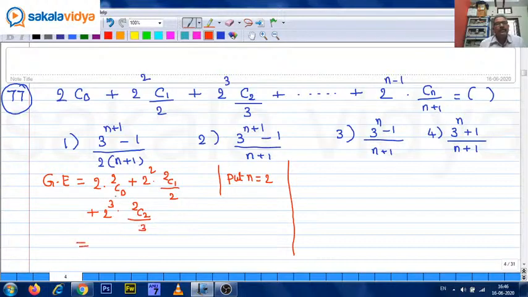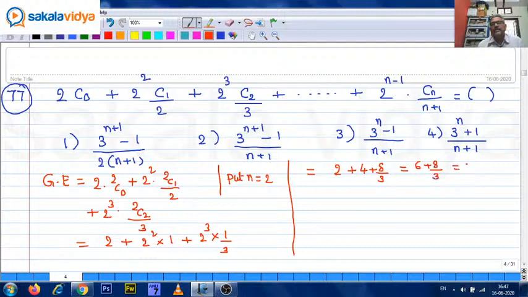See, 2C0 is 1, so 2, plus 2 square into 2C1 is 2, 2 by 2 is 1, plus 2 cube times 2C2 is 1, 1 by 3. So this equals to 2 plus 4 plus 8 by 3, 6 plus 8 by 3. This is 26 by 3.